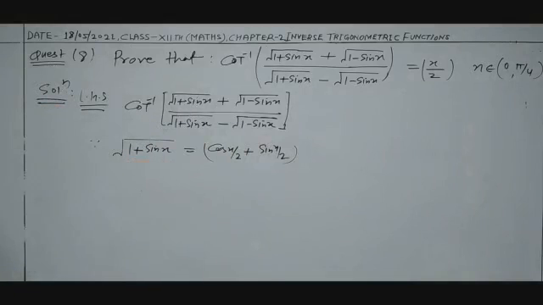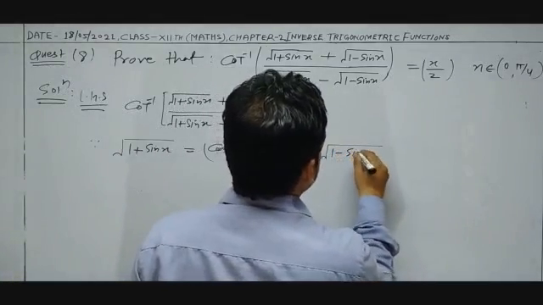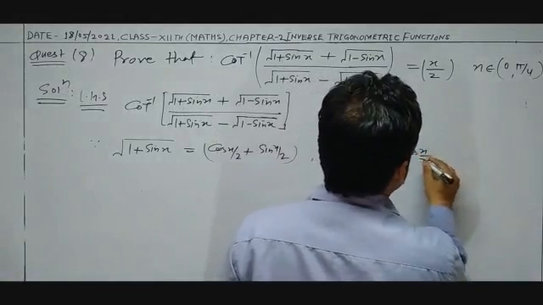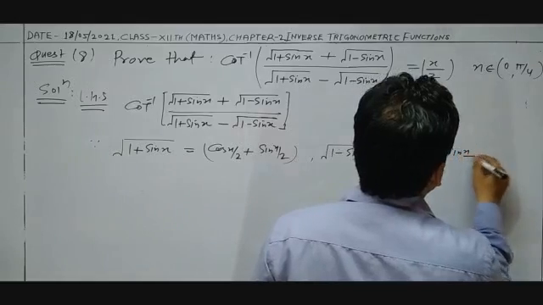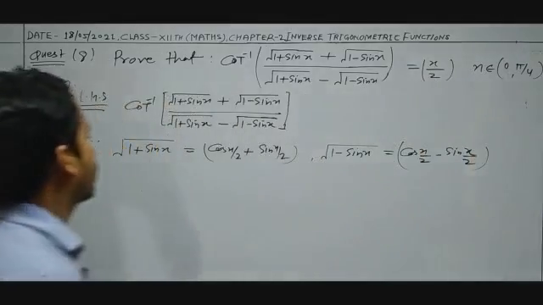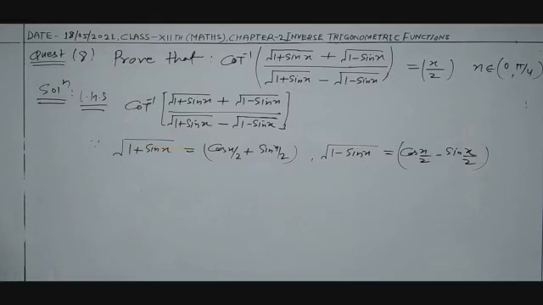This is its proof. And root over 1 minus sin x is cos x by 2 minus sin x by 2. These are the values of root over 1 plus sin x and root over 1 minus sin x.